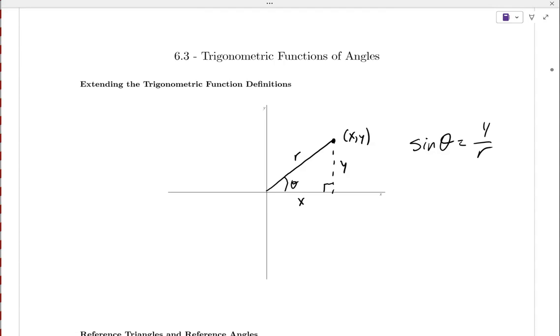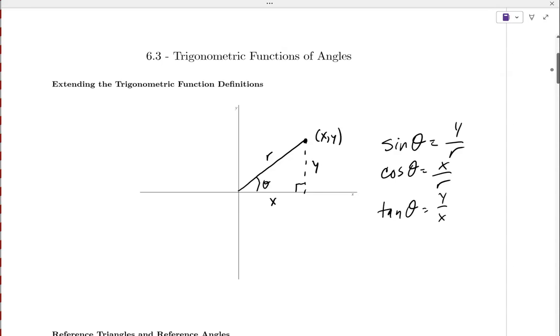And so on down the line. Tangent would be y over x. And then we can do the other ones as the reciprocals. Cotangent would be x over y. Secant would be r over x. And cosecant would be r over y, right?